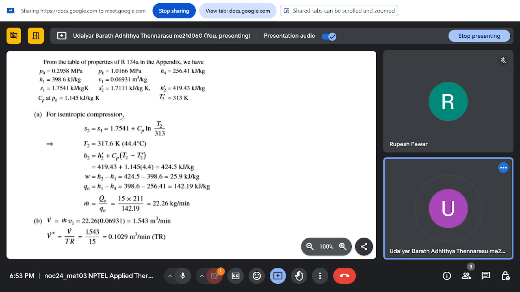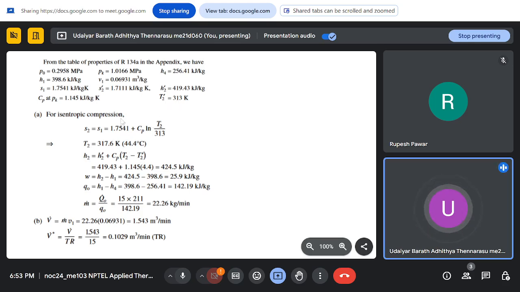So that gives you the exit temperature, and with that you can find the actual temperature of the compressor exit. So H2 is H2 dash plus the heat added, Cp delta T. H2 dash is 419.43 kilojoule per kg, and your actual temperature is 317.6 and the inlet temperature is 313.